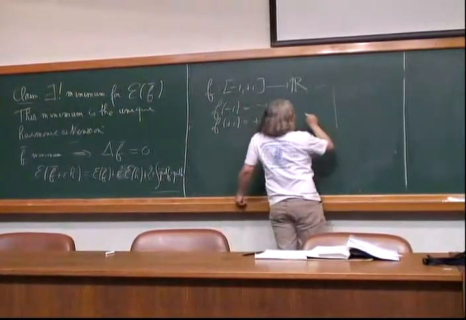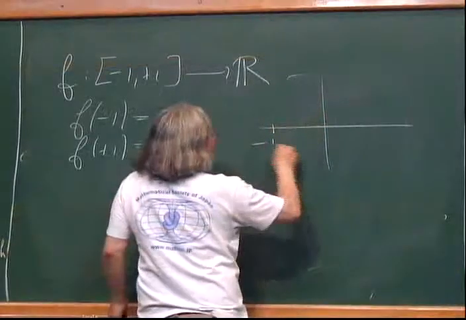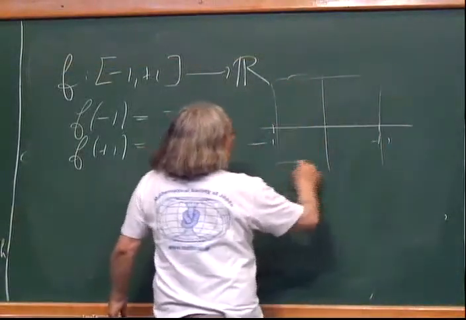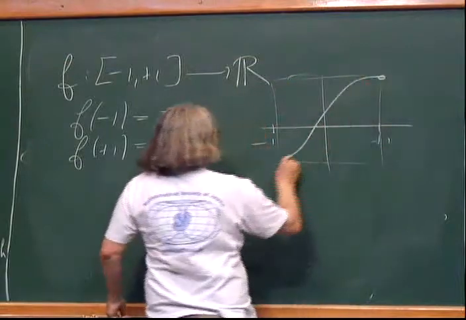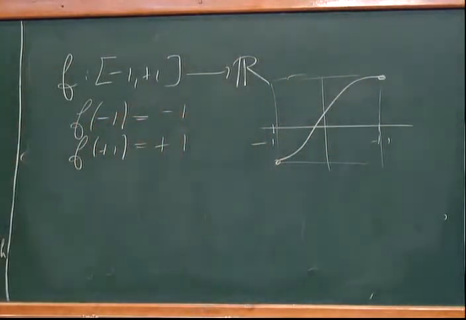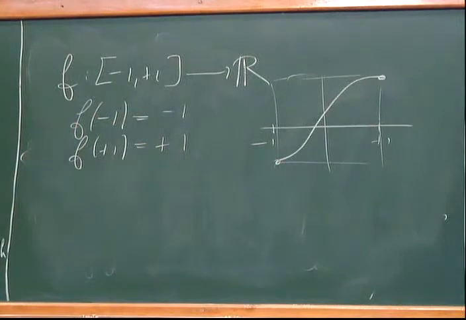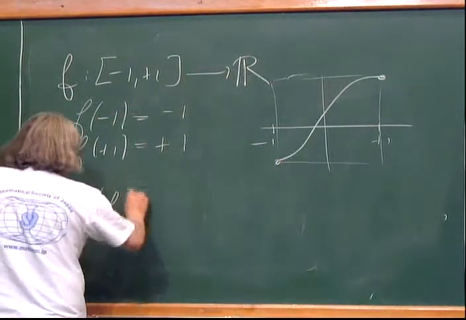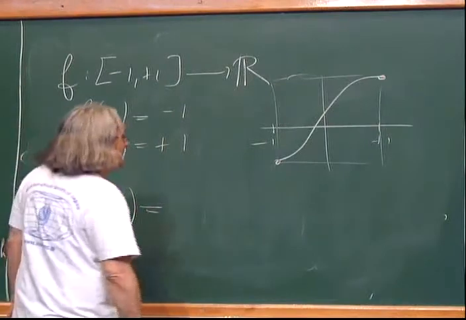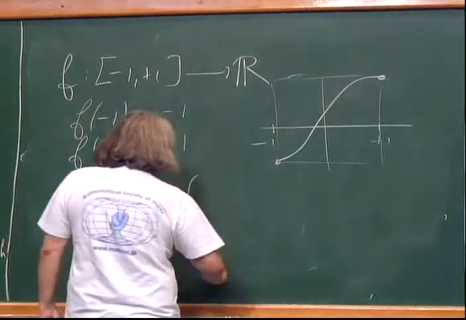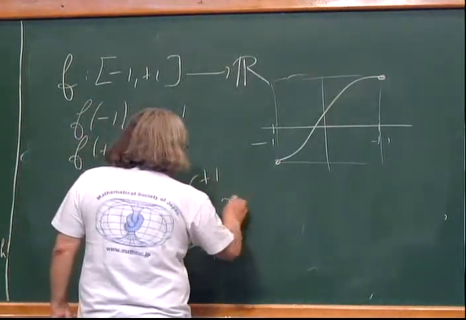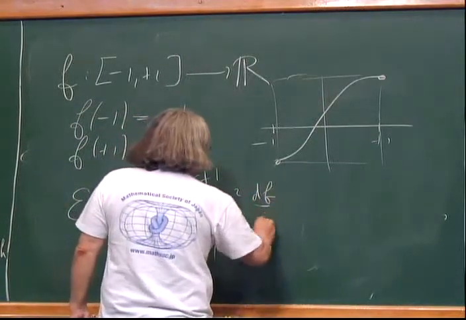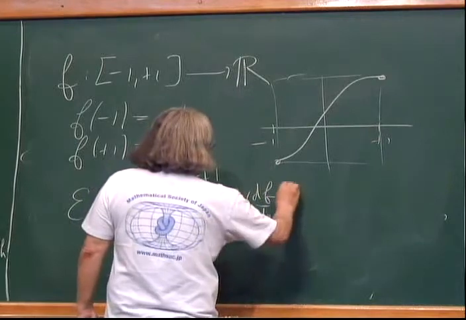So you look at the space of functions going from there to there. For every such function, you define the energy of f to be, by definition, the integral from -1 to +1 of x squared (df/dx) squared.